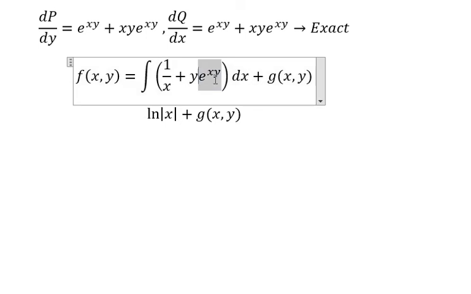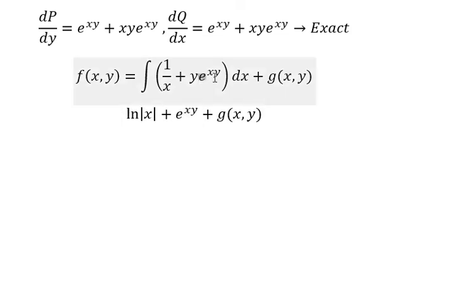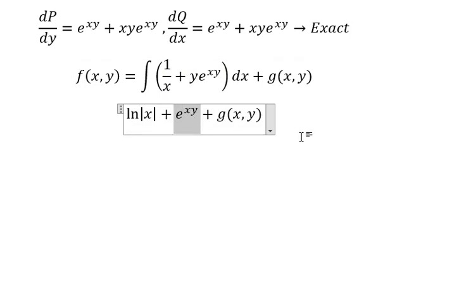The integration of this one in here, we will have about e to the power of sy. Because the integration of this one, we have e to the power of sy over y, but we have another y in here. That's why you got about this one left.